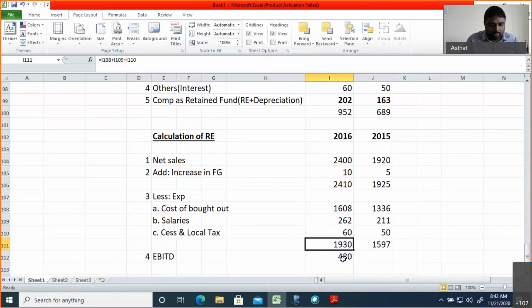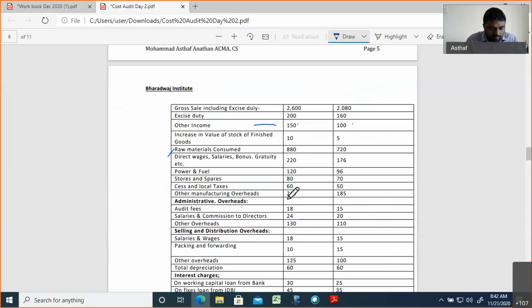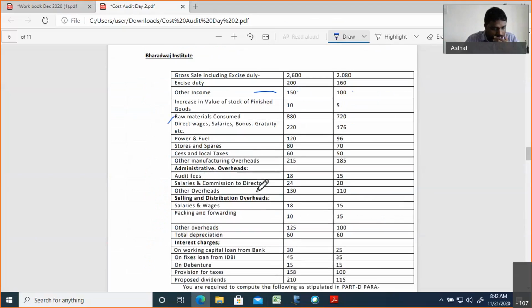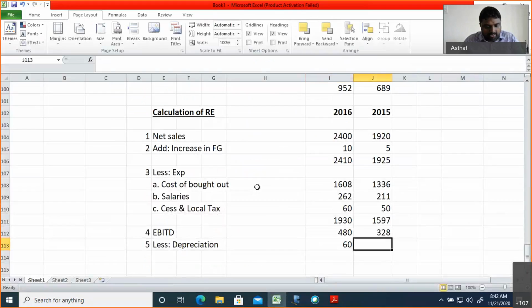I am doing all this for your purpose, in proper format, so that there will be clarity. This clarity will help you for the next chapter also. Now less depreciation. What is the depreciation? Depreciation is 60.